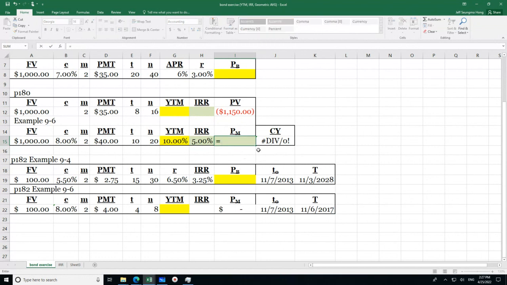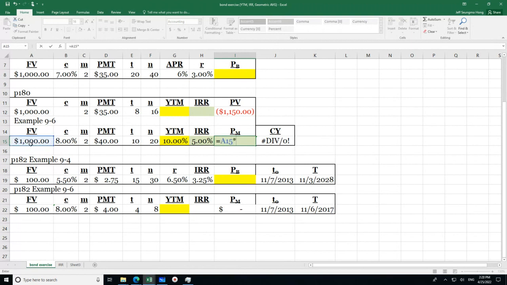All we need to do is simply use the formula.